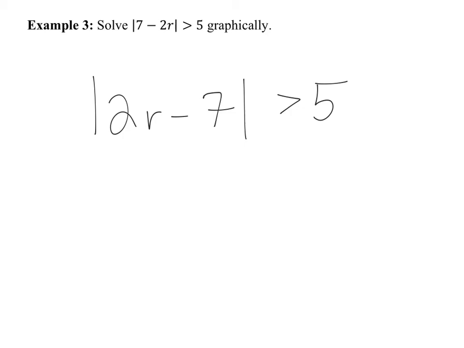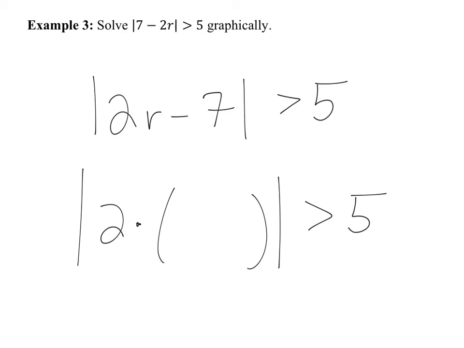Then what I recognize is that I have that 2 there. I don't want that 2 there. So what I'm going to do first is this. I'm going to take the 2 out and think about what's left over. If I take a 2 out of 2r minus 7, what's left over? What would I have to put in there so that when I distribute it back out, it makes sense? r minus 3.5.